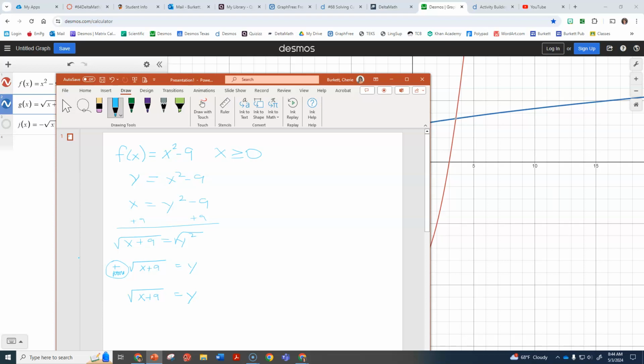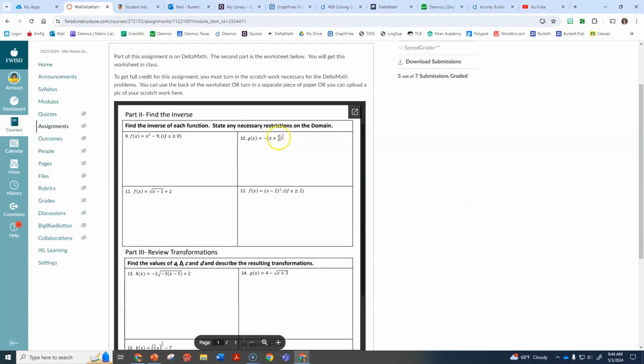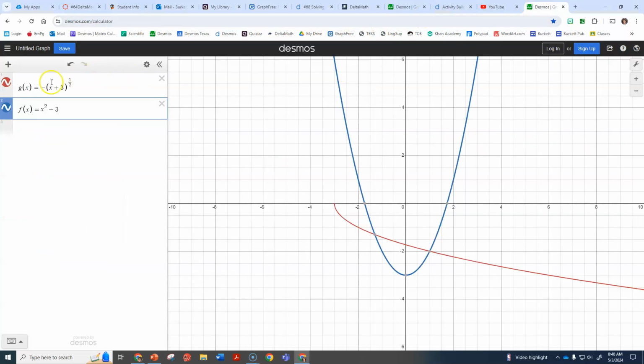Okay, so in reverse of that, if we start off with a square root function, and this one, see, started off here with the negative y values. So when you move over here to look at this one, if you look at the graph of it, this is the graph of that first part.